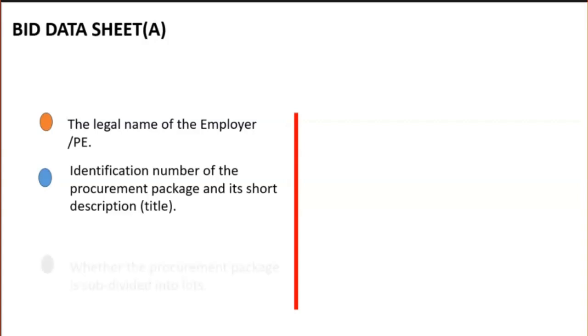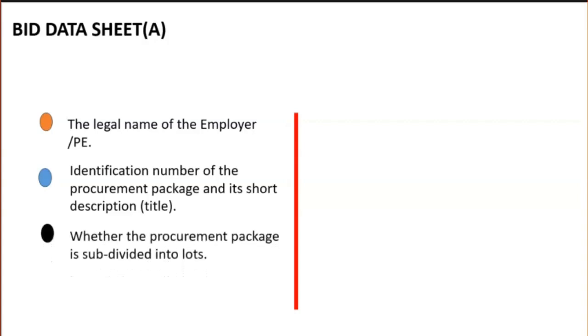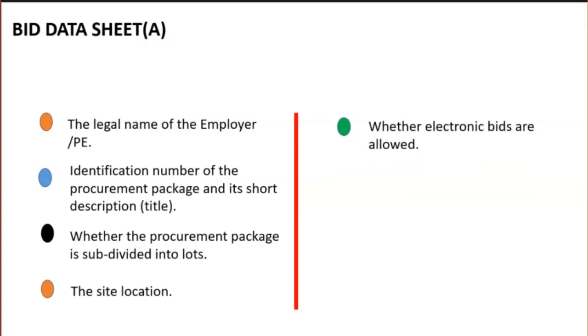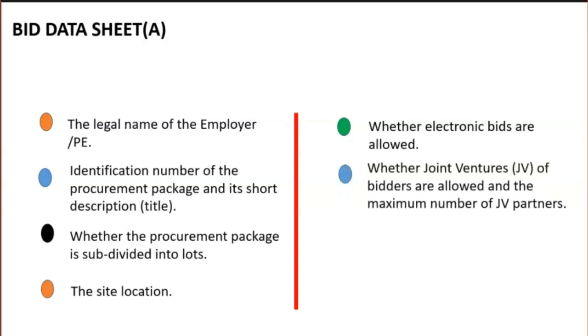It talks about whether the procurement package is subdivided into lots. You will also find information relating to the site location of the project. You will see information relating to whether electronic bids are allowed, whether joint ventures of bidders are allowed, and the maximum number of joint venture partners.